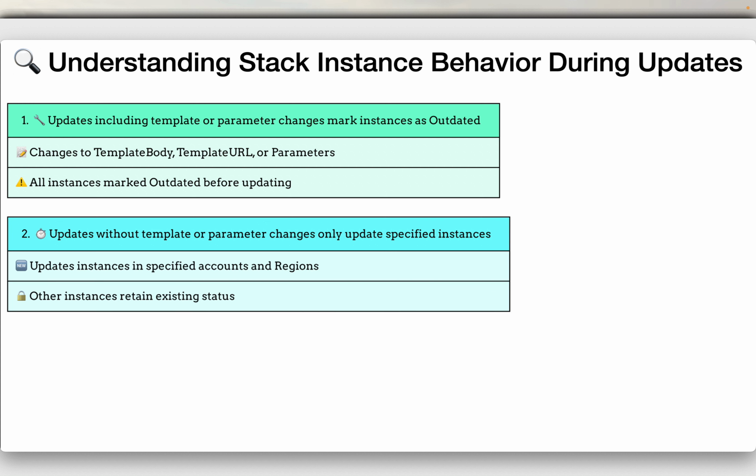If the stack set update does not include changes to the template or parameters, AWS CloudFormation updates the stack instances in the specified accounts and regions while leaving all other stack instances with their existing stack instance status.